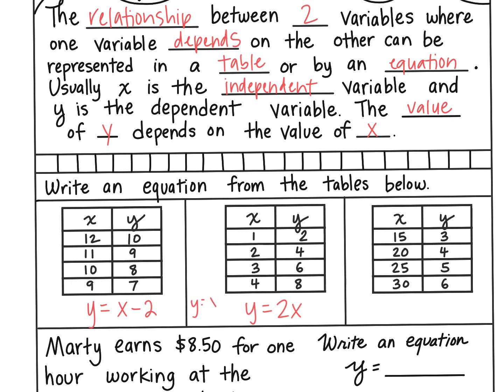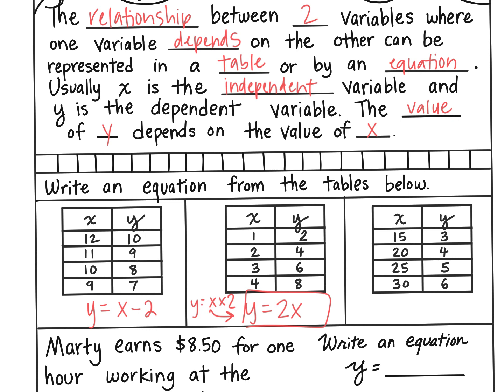It would look like this. There's nothing wrong with it, but what you will see in algebra is you will typically see it written this way. So we want to make sure that our X and our multiplication symbol aren't confused with one another.